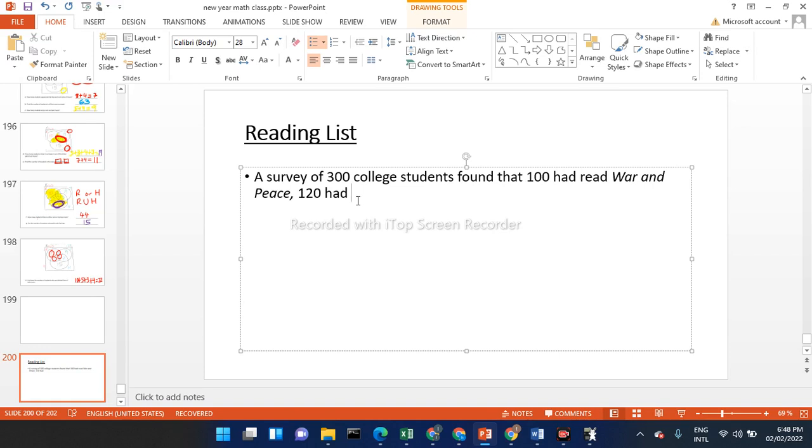But anyway, 100 had read War and Peace. Fiction helps too.